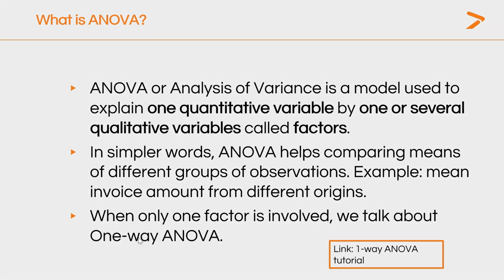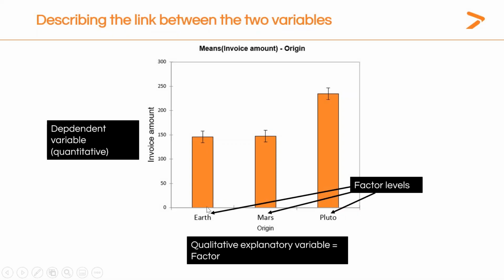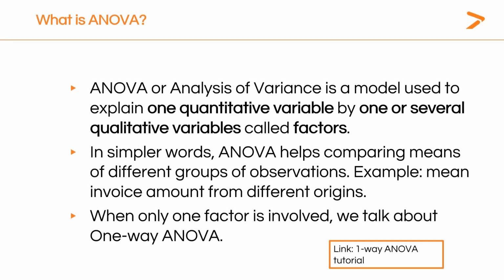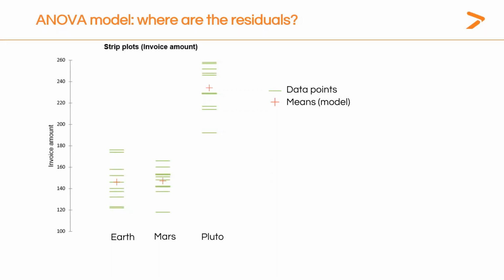So in this case, we only have one factor, which is origin, so we talk about one-way ANOVA. Further in the webinar, we'll see a case where we'll investigate two explanatory variables, two factors, and therefore we'll be talking about two-way ANOVA.